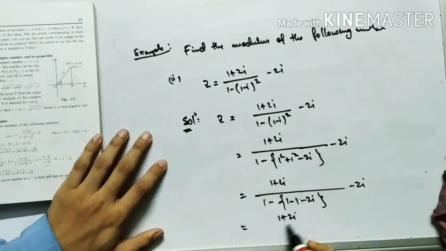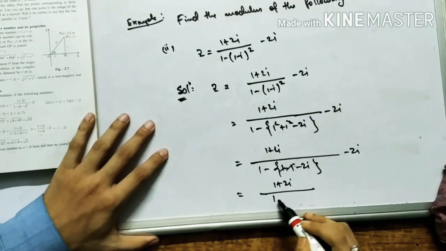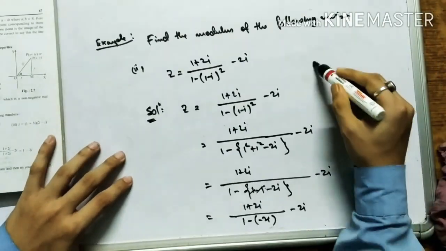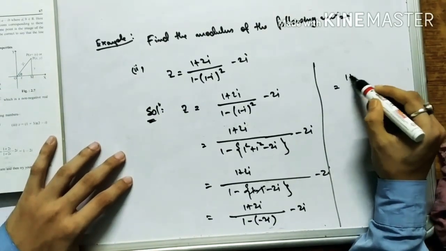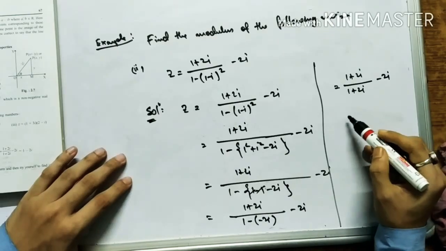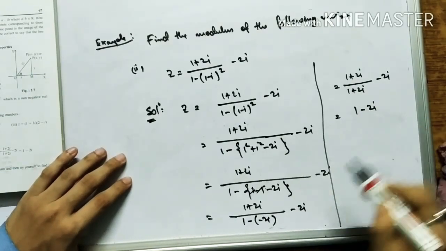So I will get 1 plus 2i by 1 minus 2i minus 2i, which ultimately gives me 1 plus 2i by 1 plus 2i minus 2i.